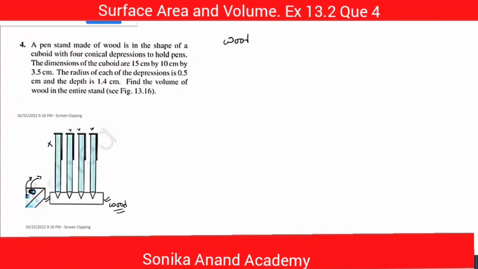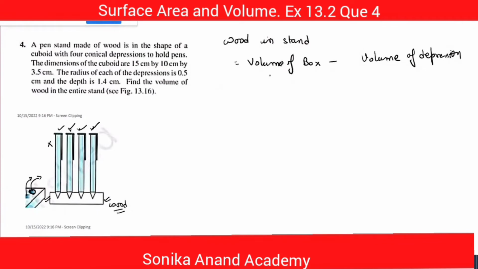So wood in the stand is volume of the box minus volume of the depressions which are made in these boxes. But there are how many depressions? 1, 2, 3 and 4 depressions.